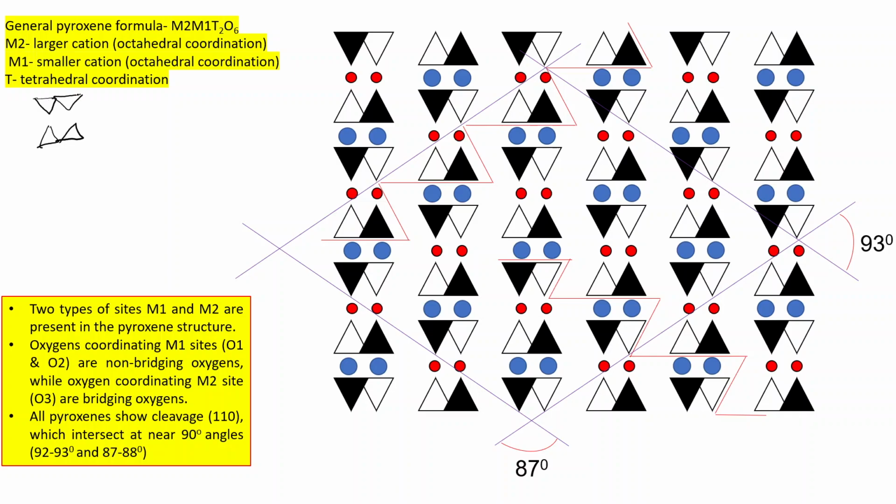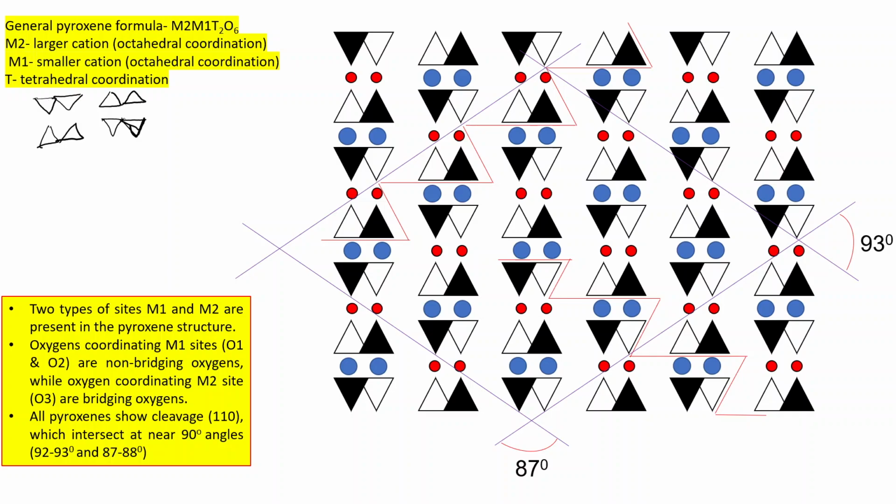So one is in upright position, one is inverted. Now again draw it this way. Here you can see that there are two types of triangles drawn. In one case, the corners or apices of two tetrahedra are pointing towards each other, and in the second case, the bases of the tetrahedra are pointing towards each other.